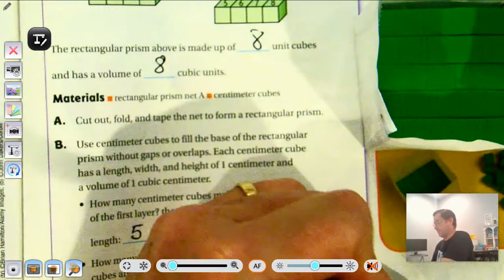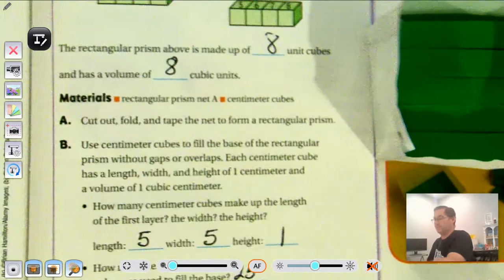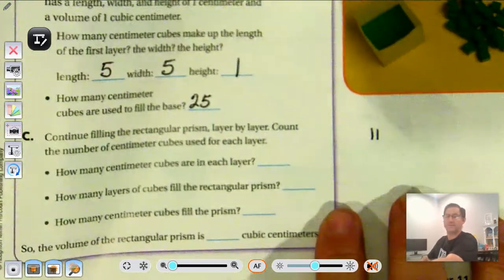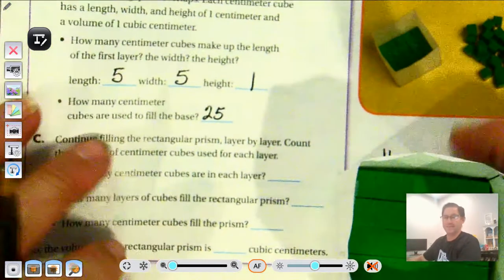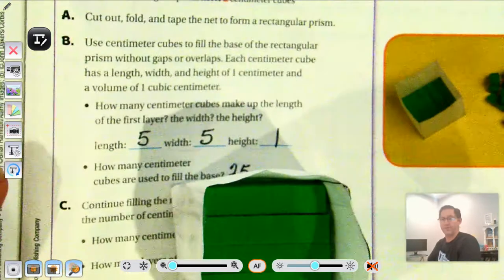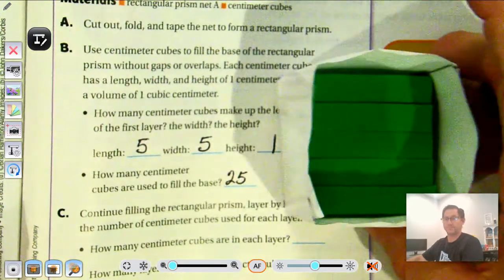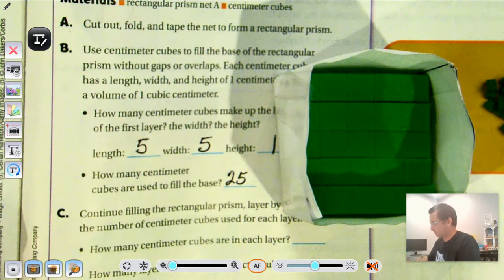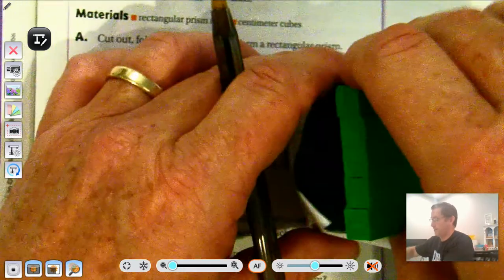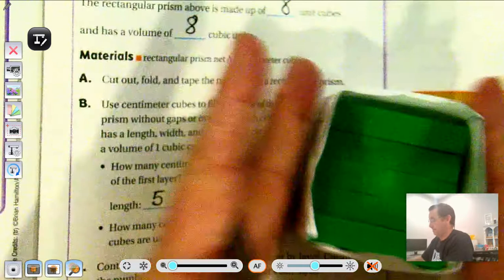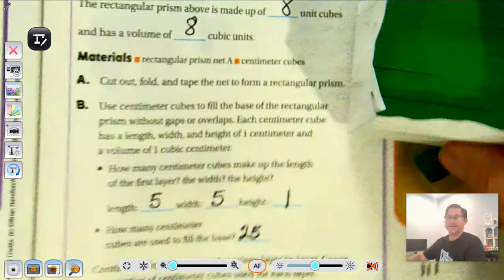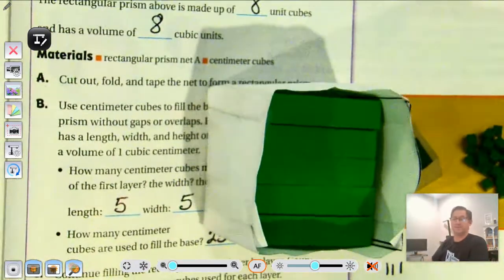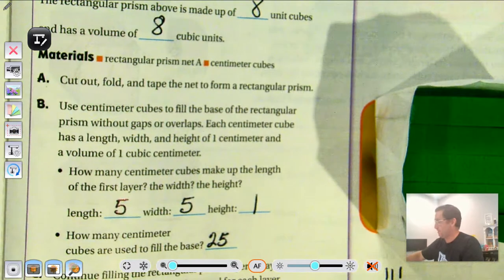I'm just going to keep track here with some tally marks. Okay, so I've put 2 layers in, and now I'm going to add a third layer. Another set of 5 by 5. All right, now we have 3 layers in our cube.